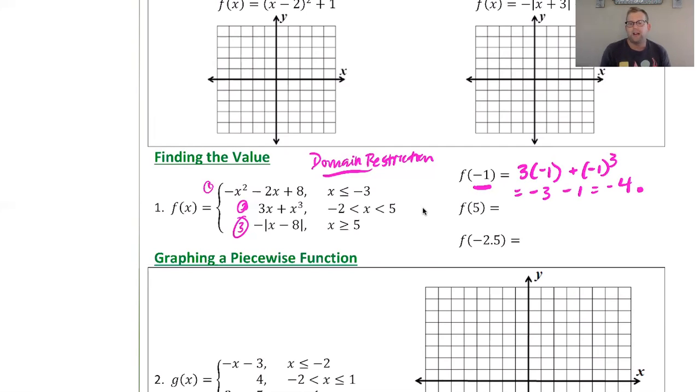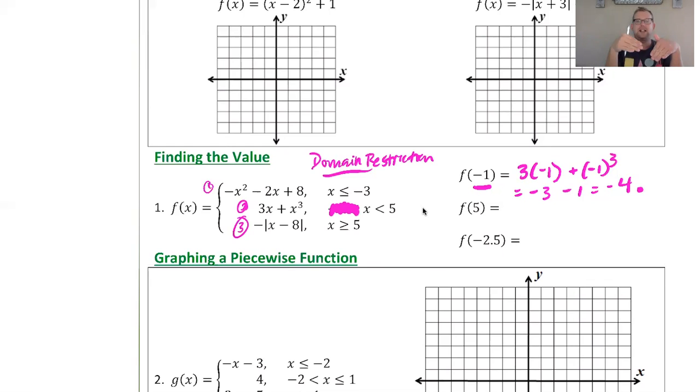Now, f of 5. Is 5 less than or equal to -3? No. Is 5 strictly between -2 and 5? And the answer there is no. The way I think of this, let's cover up this piece right here and ask yourself, is 5 less than 5? And the answer is it is not, because 5 is equal to 5.